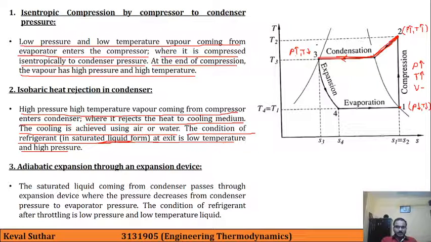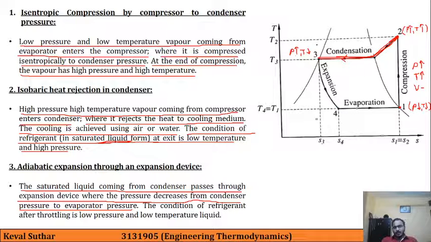And here the saturated liquid coming from the condenser passes through the expansion device, that is from process 3 to 4, where the pressure decreases from condenser pressure to evaporator pressure.